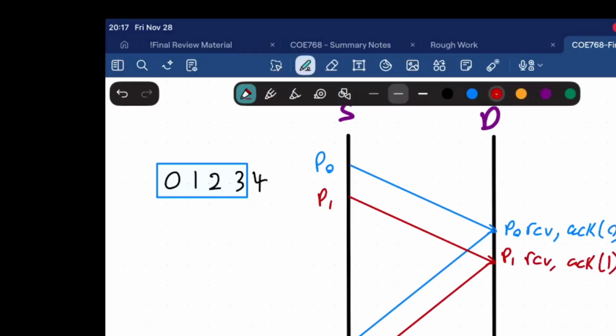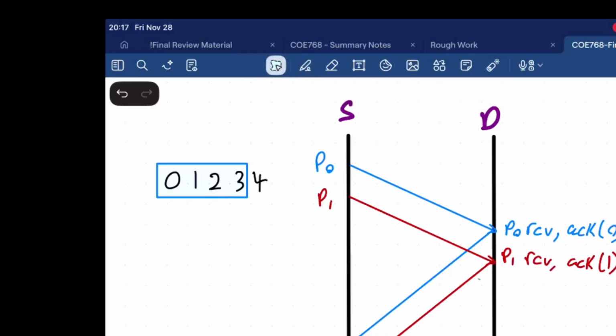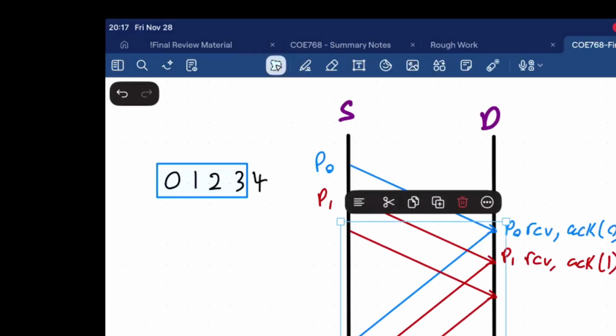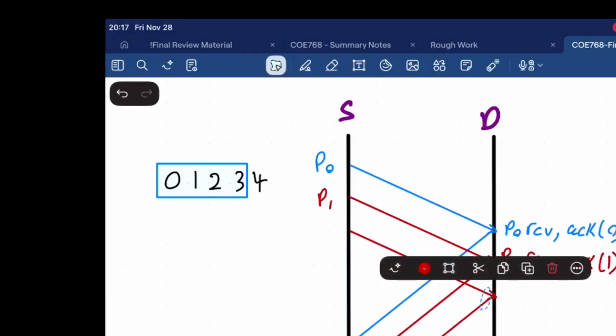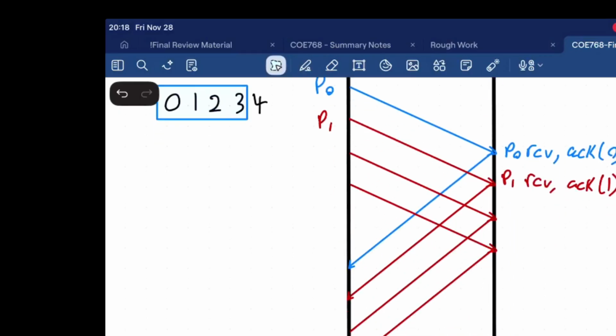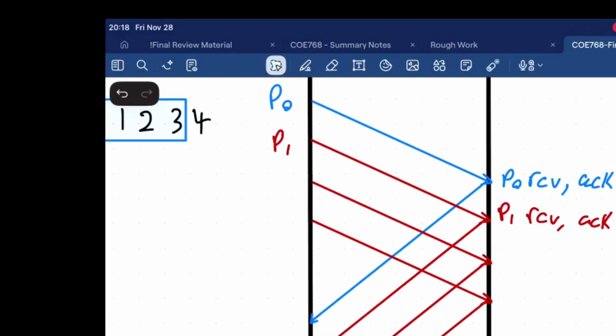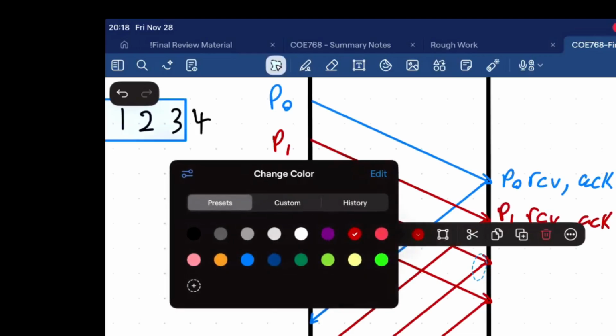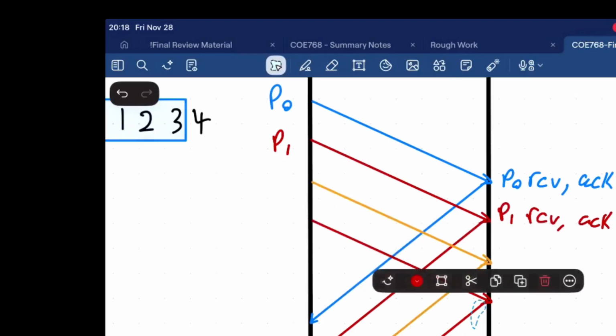You do this 2 more times. So just change the color for all of them.